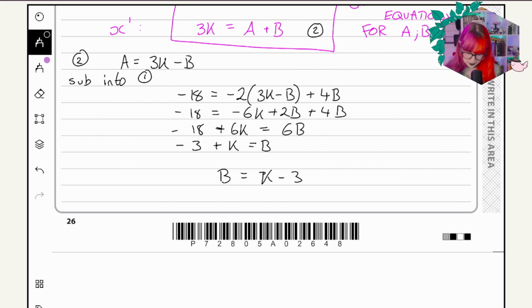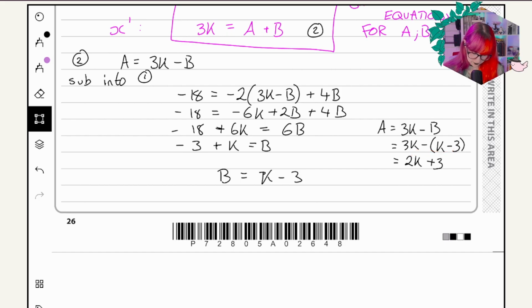And then what we need to do is substitute back into 2, okay? So A was 3k minus B, which was 3k minus (k minus 3), or 2k, 3k minus k, minus minus 3 is plus 3. Oh dear. I'm going to copy those over to the other page so that I can do it quickly.